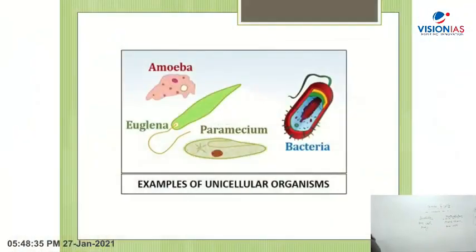And you can see this on your screen. There are some examples of unicellular organisms. So you have amoeba, you have euglena, paramecium, bacteria. Now you don't need to know about these in detail in terms of specific characteristics. Just remember them as examples. Okay, amoeba, euglena, paramecium and bacteria.